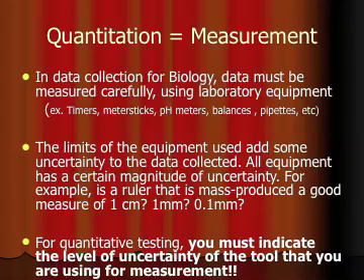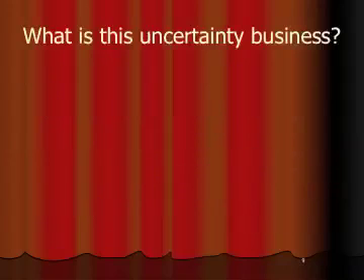How close is it to 5? Is it 5.0, 5.1, 5.15, 5.154, and so on? Okay, so how exactly close to 5 your data is, you will be able to tell by the tool that you are using to measure.